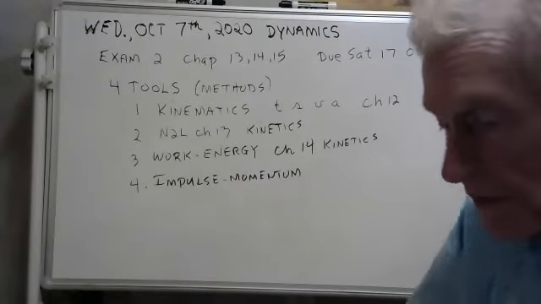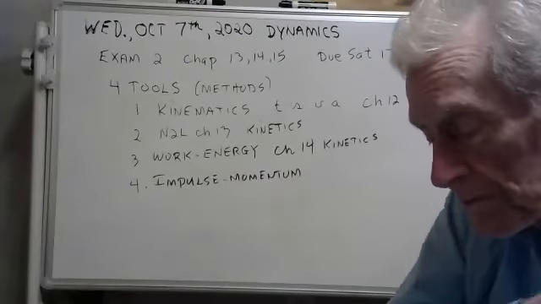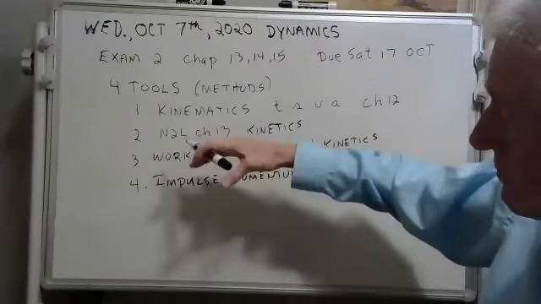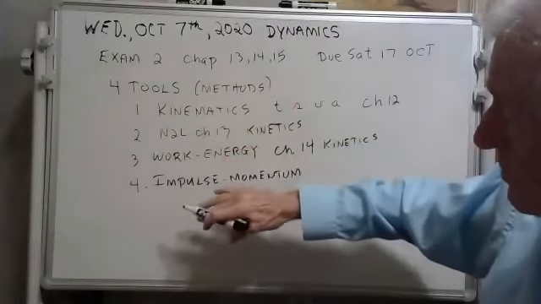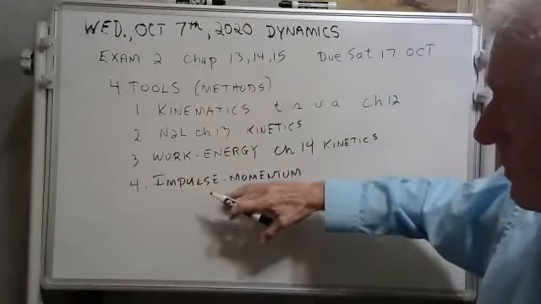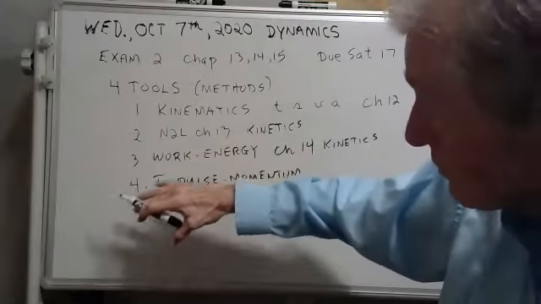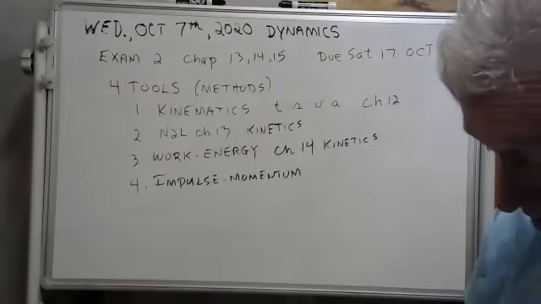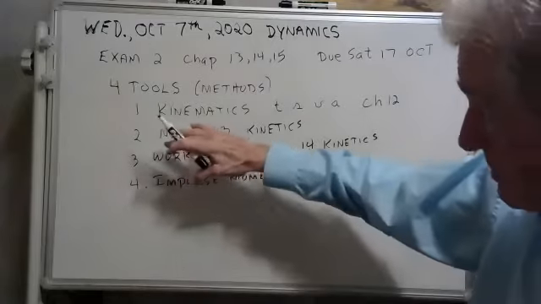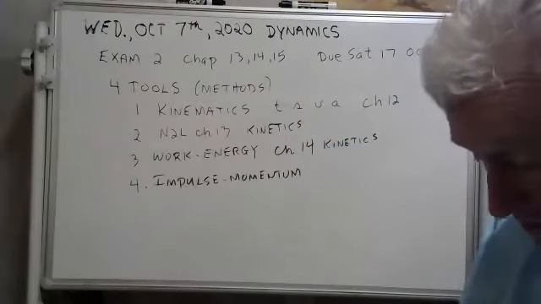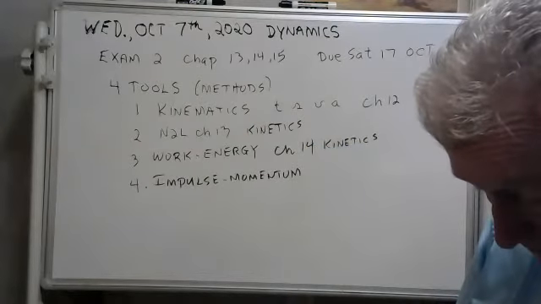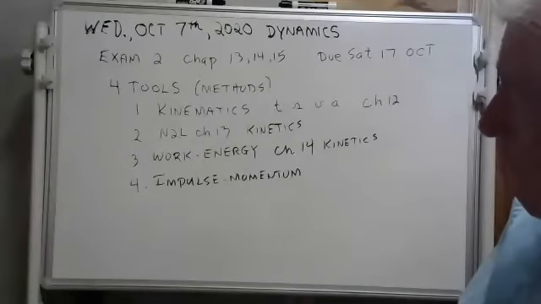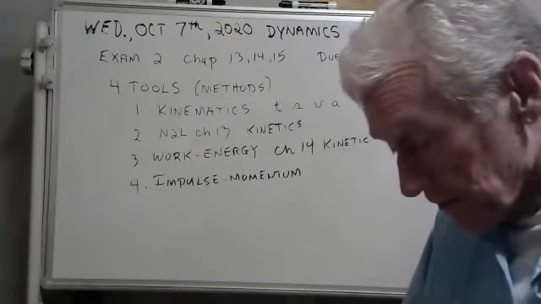And what's interesting is you can solve problems with different ones. You can solve a problem with impulse momentum, or the same problem with work energy, or the same problem with Newton's second law. And sometimes you have to use kinematics in order to solve the problem. But those are our 4 methods. And that's it.